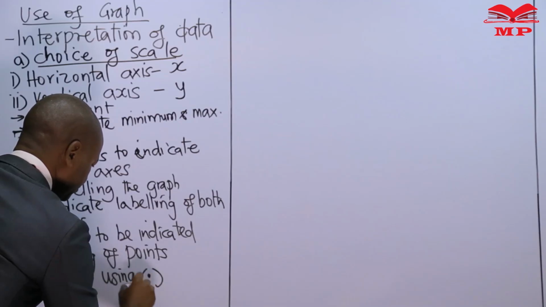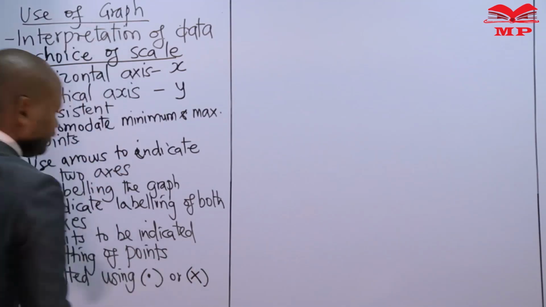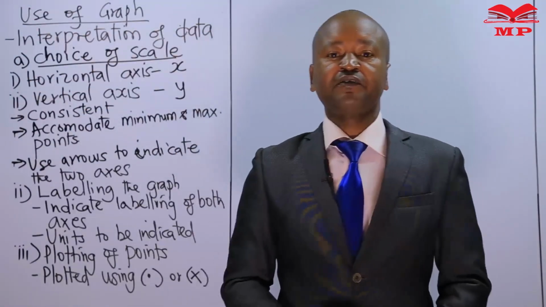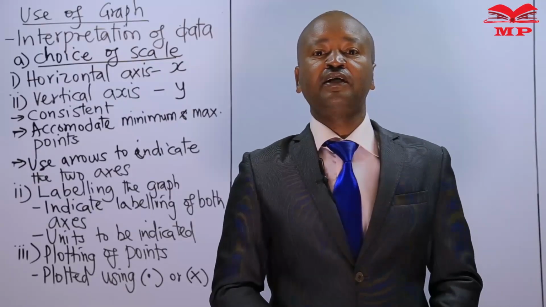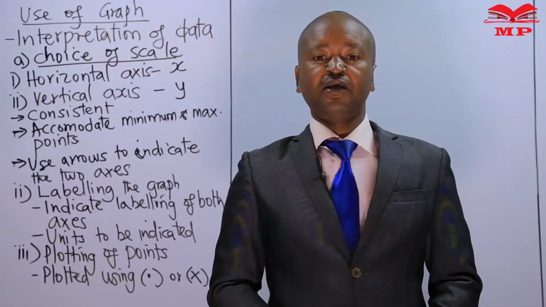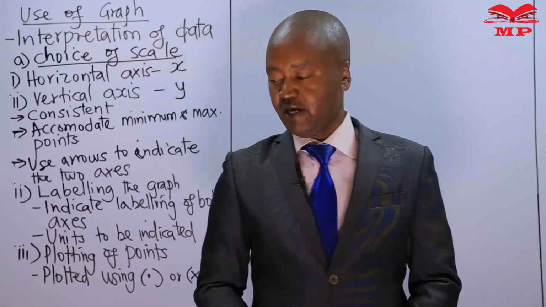So you use a dot or an X. And while using a dot or an X, they must be big enough so that once the curve has been joined or the line has been joined, the plots should be visible so that the examiner will be able to mark them and see them. So plots are also marked.